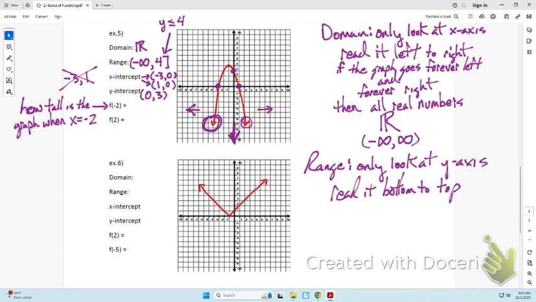So go to -2 on the x-axis. I need to clear some space here. So I go to -2 on the x-axis. I'm right here where that purple dot is. Then go to the graph, and it is 3 units high. So 3. It's kind of like finishing the coordinate.